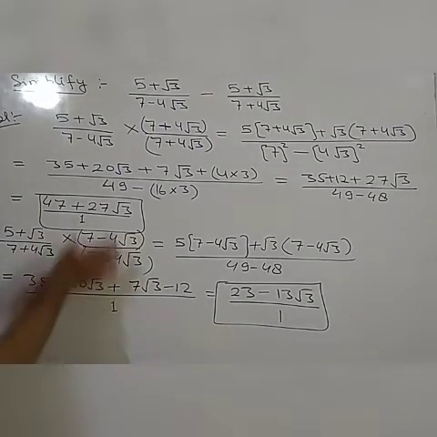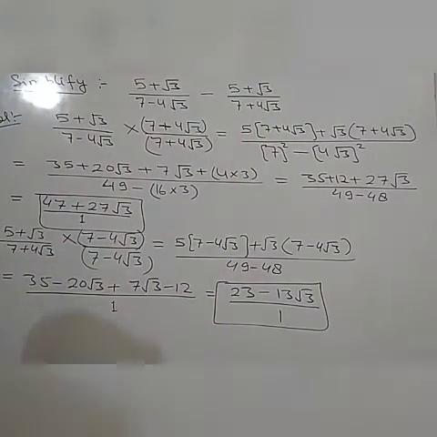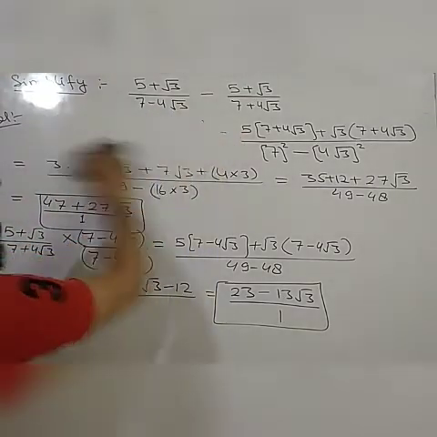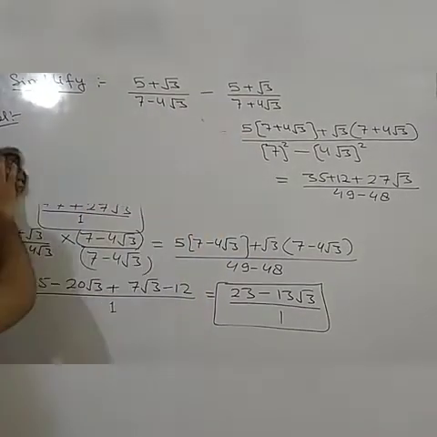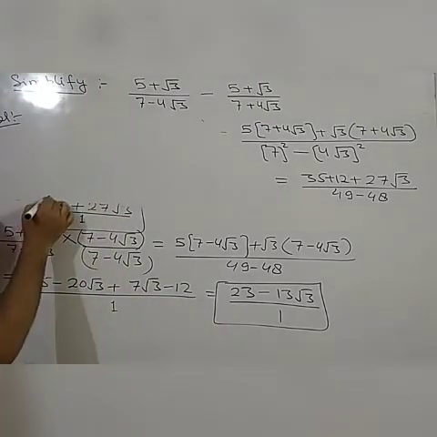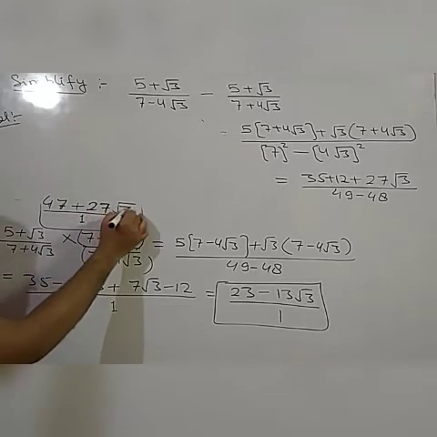Now we have to put these values at the places of these particular fractions. Okay, so now I am going to put these values. So the value of first term was 47 plus 27 root 3.